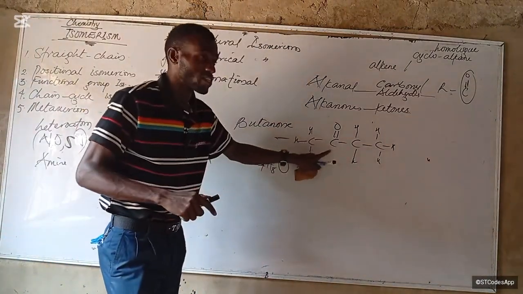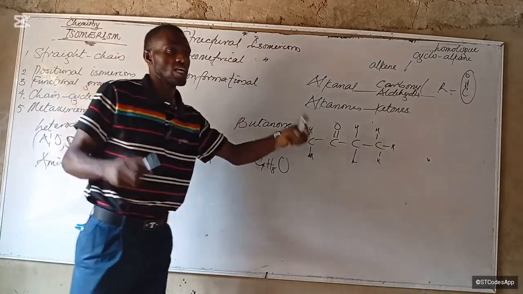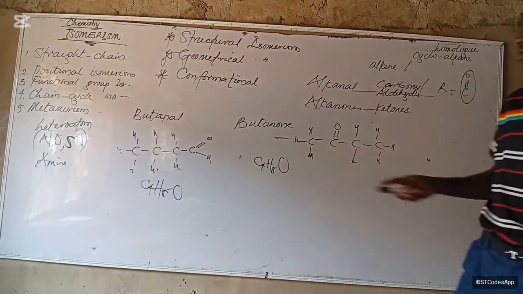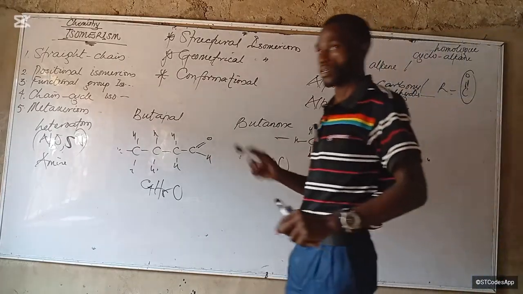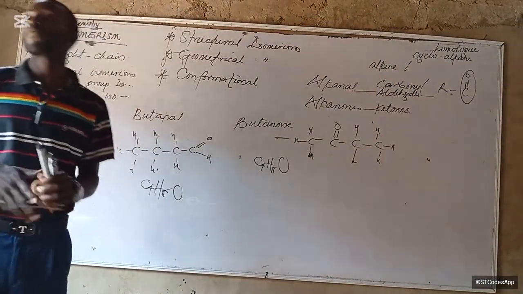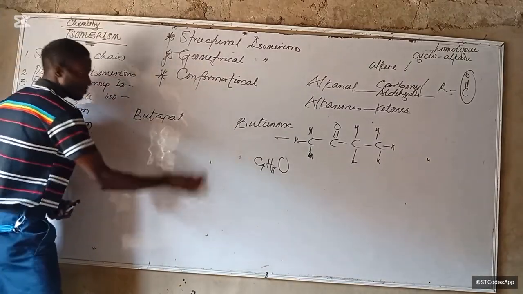They are both carbonyl functional groups, but one is terminal, the other is within the chain. Do you get it? Does that make sense? All right, put that down. So you give me your own example using propanal and propanone. I'm cleaning my own. See you tomorrow.